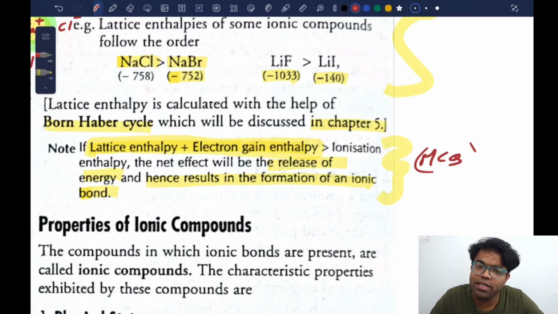So you have to say with confidence no or yes, it will form an ionic bond. And you'll have to show it like this: the lattice enthalpy plus the electron gain enthalpy should always be greater than the ionization enthalpy. Are you able to understand what I'm trying to say? Are you buying what I'm selling?